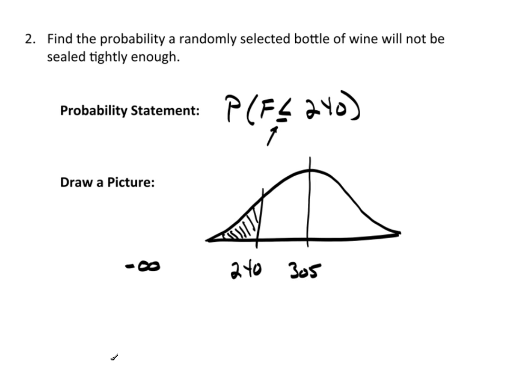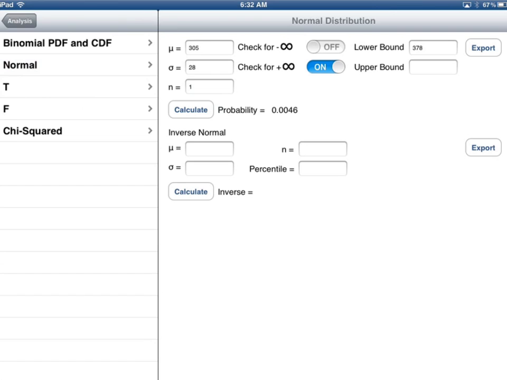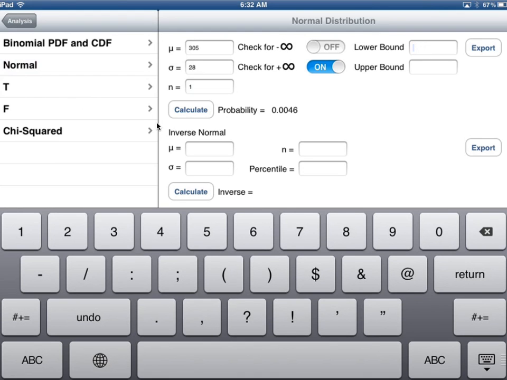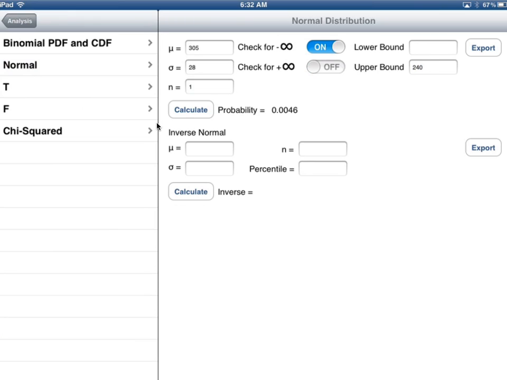So if I go back to TC stats, all this information will stay the same, but I need to get rid of this 378 and actually go to negative infinity, get rid of the positive infinity, and I'm only going to 240. So again, if I calculate, I'll get an answer.